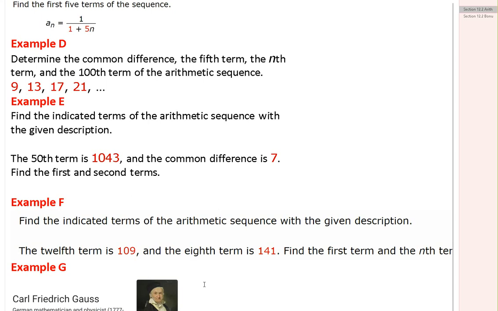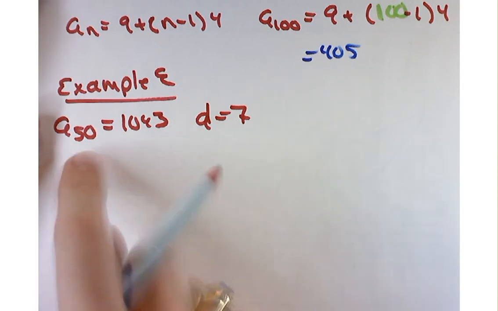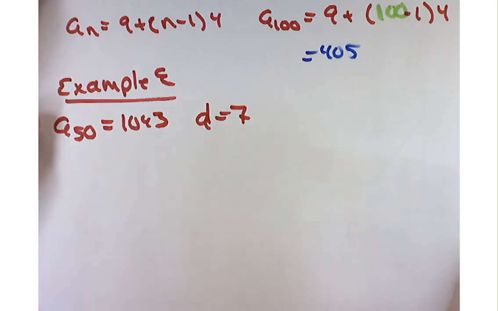Well, that's kind of thin, but it's actually enough to determine a sub 2 and a sub n. So let's see if we can figure those out. I know what d is, and I know what a sub 50 is. How can I use those things to help me out? You can add 7.